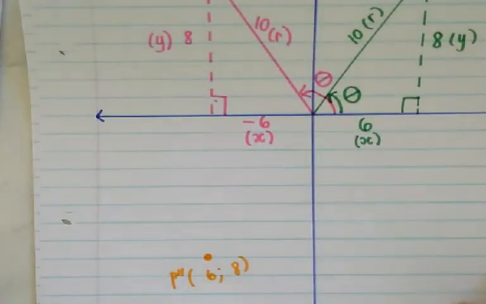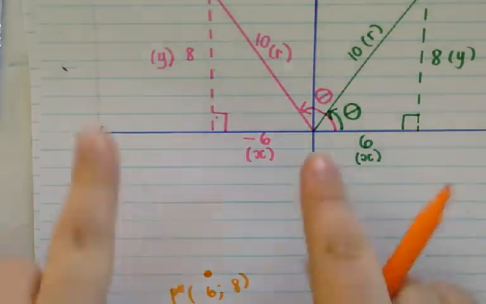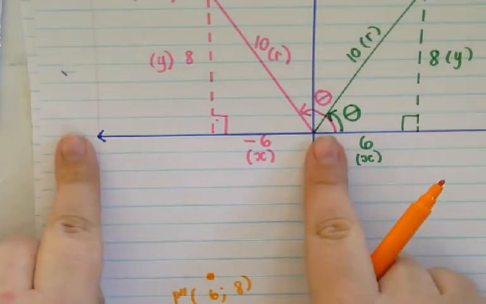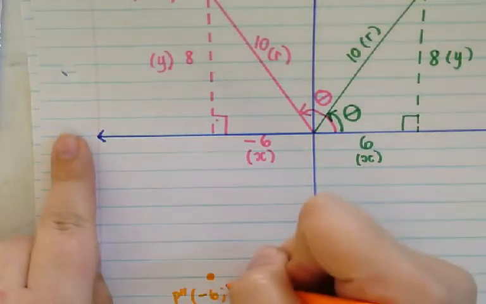Okay, third quadrant. Can I still have a positive 6 for x? Yes. Where am I in my x-axis? I'm still in the negative, but now what about y? Also negative.